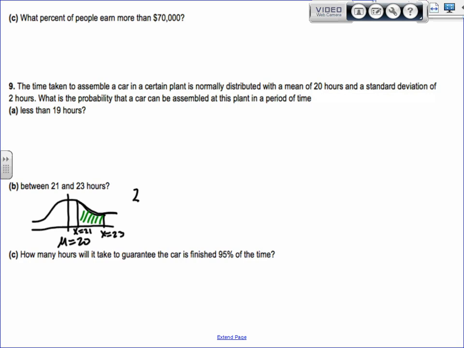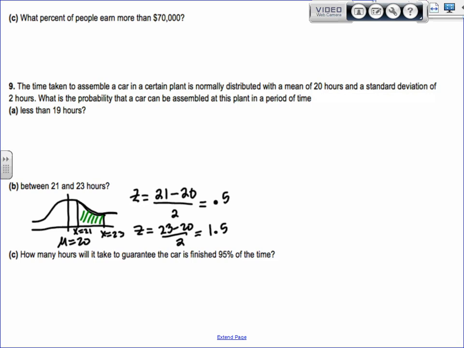I'm going to change them to z-scores. So z equals x minus mu over the standard deviation, which was 2. So I have 1 over 2, which is 0.5. And the other one I have 23 minus 20 over 2, which is 3 over 2, or 1.5.